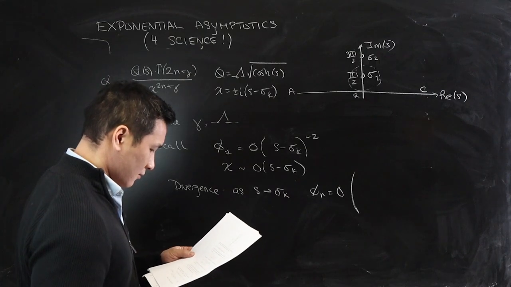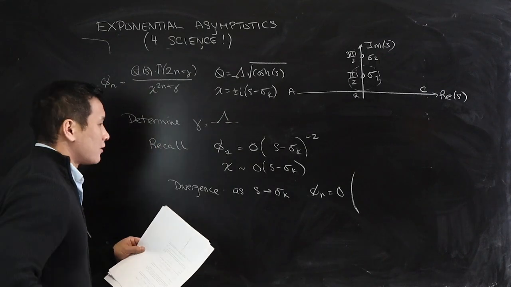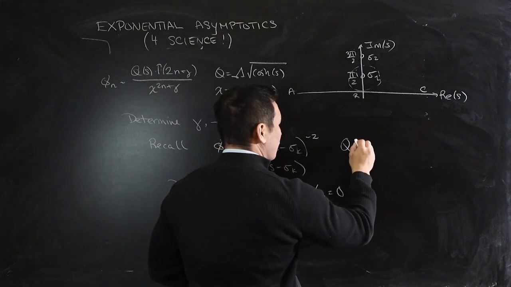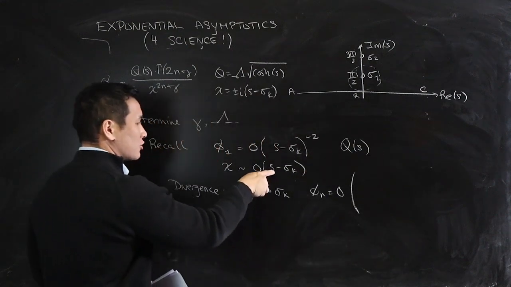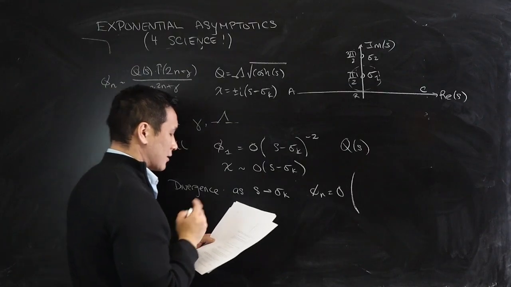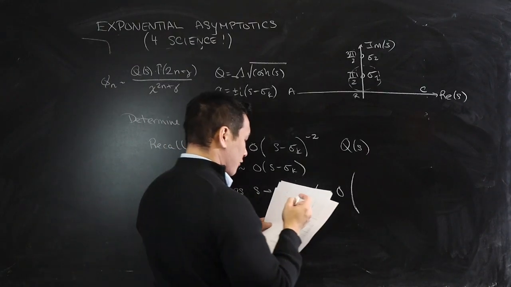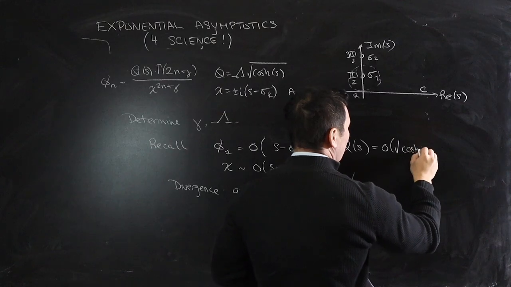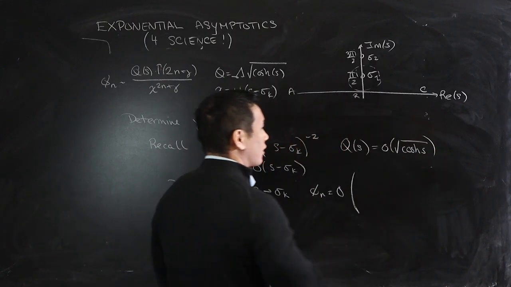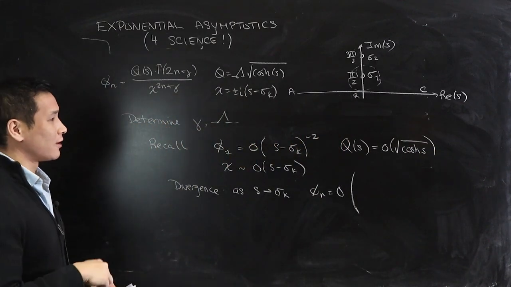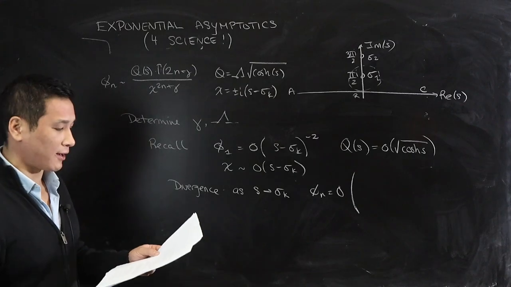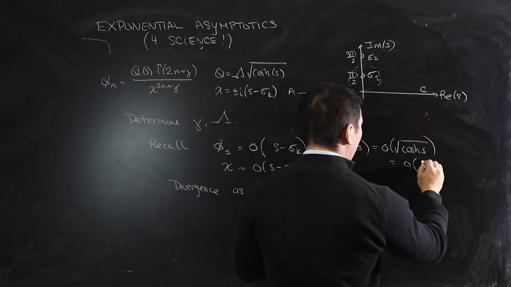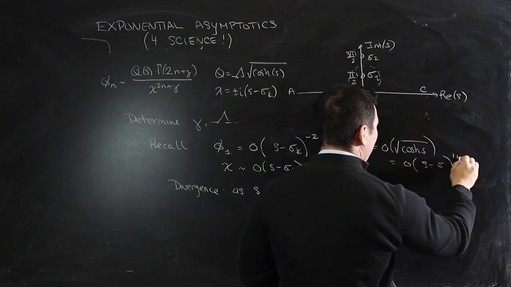I need the behavior of Q of s as you approach each of these points, and then you can double check that Q of s is of order root cosh of s, and then you have to figure out what the cosh function is doing as you approach these multiples of pi i over 2, and you'll find out that it's basically of order s minus sigma to the 1/2.